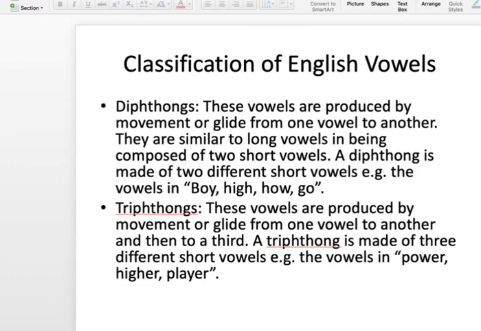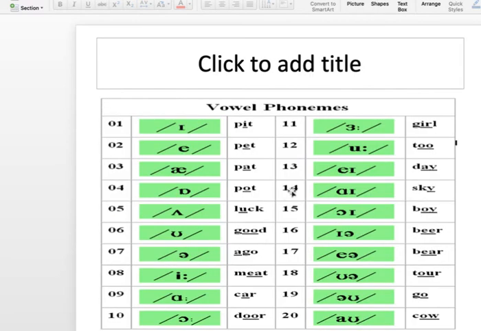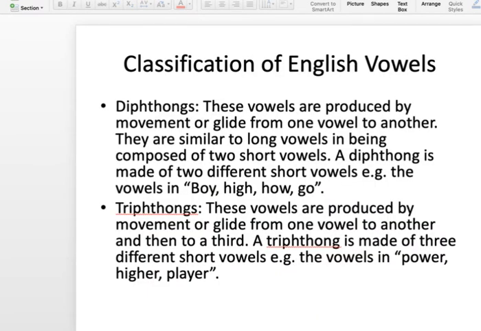So I'm moving on to diphthongs and triphthongs. Yes, we also discussed diphthongs and triphthongs. In the chart that I showed you here, diphthongs are these 8 vowel sounds, right? These vowels are produced by the movement or glide from one vowel to another.